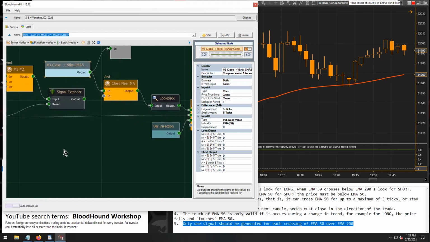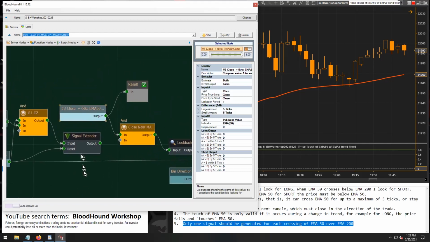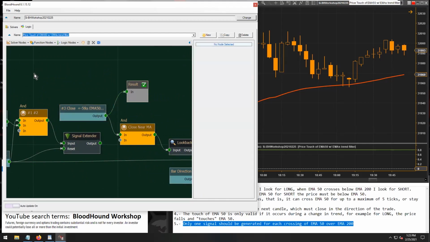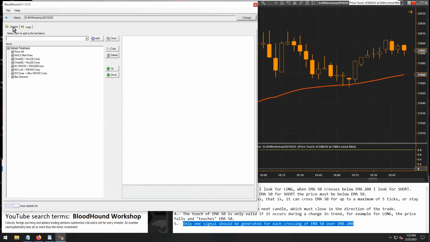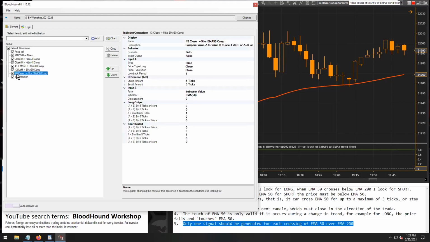So we can zoom in right here. Number 3 is looking at the closing price, so we can make another solver here. I switched over to the solver tab, and for number 3, I'm going to make a copy of that.